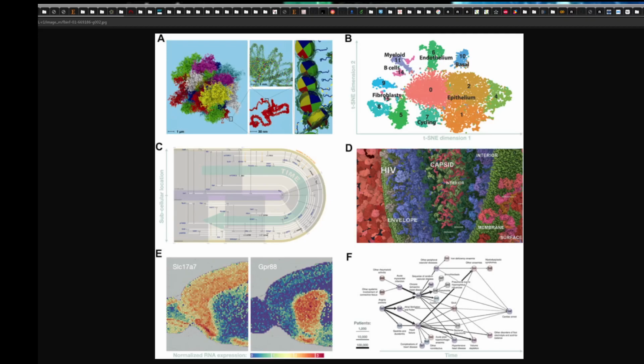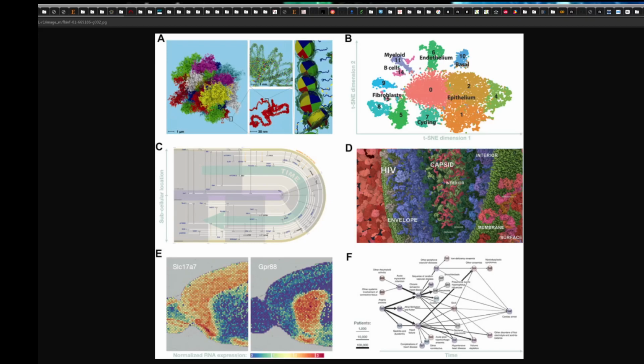Chen, K.H., Boettiger, A.N., Moffitt, J.R., Wang, S., and Zhuang, X., 2015. Spatially resolved, highly multiplexed RNA profiling in single cells. Science 348, aaa6090. DOI 10.1126/science.aaa6090. PubMed Abstract, Crossref Full Text, Google Scholar.